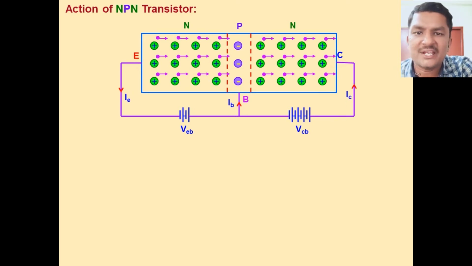The direction of conventional current is opposite to the flow of negative charge carriers. So this represents the conventional current I, current through emitter. And this is current through collector.